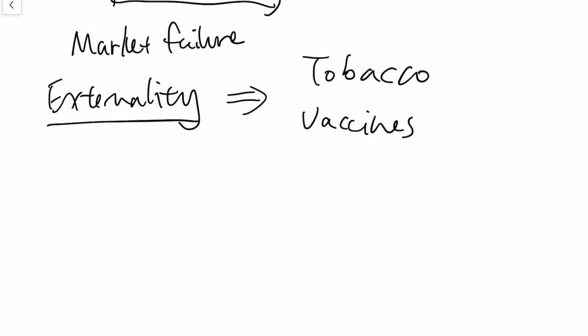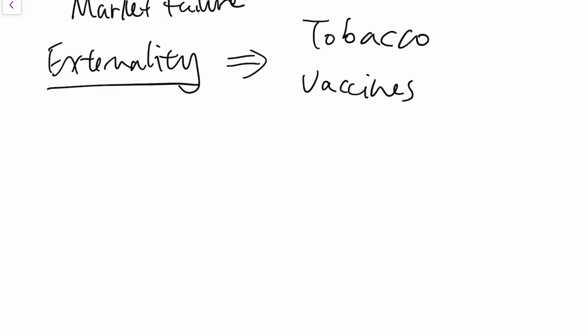And because you convey a benefit to a third party in this decision to get a vaccine, from society's perspective, it is underproduced. So as a society, we need more vaccines to reach the socially optimal level. And if we have a free market, it is simply not possible to achieve this socially optimal outcome.